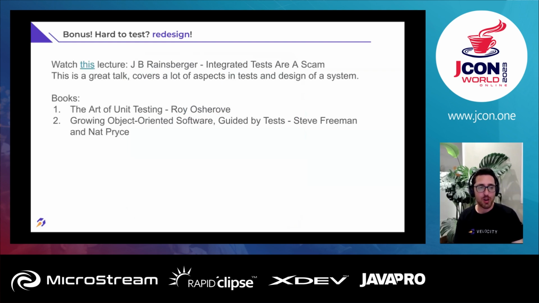There's also a great lecture from J.B. Rainsberger, Integrated Tests Are a Scam. It covers a lot of concepts about tests and system design. Go watch it. I looked at tests really differently after I watched this talk.